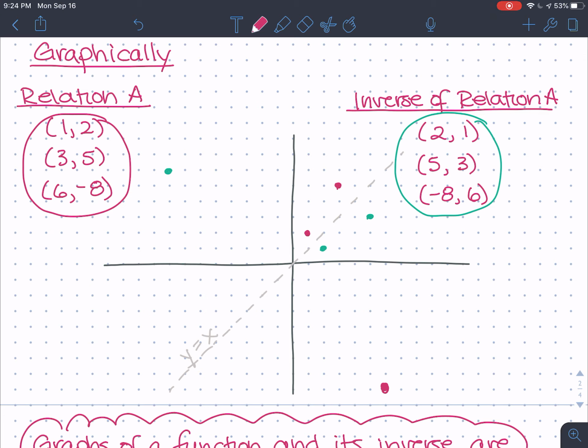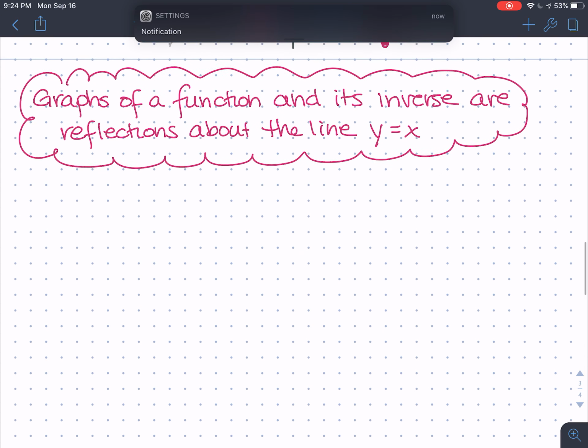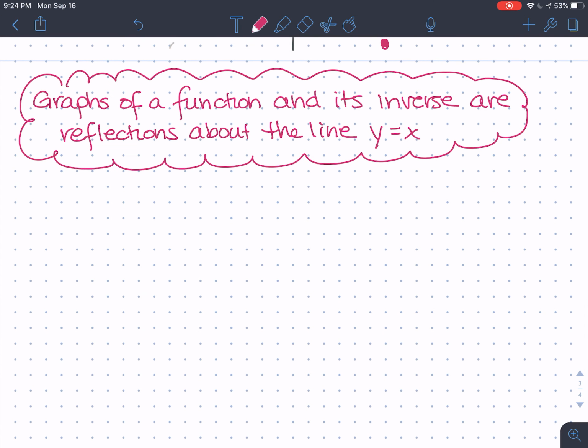But to find inverses graphically, you can either think about switching the x and y coordinates, or think about reflecting about the line y equals x. Either way, you're going to get an inverse, I should say. Again, it may not actually pass the vertical line test. It may not be a function, but we can still talk about inverses. So they are reflections about the line y equals x.